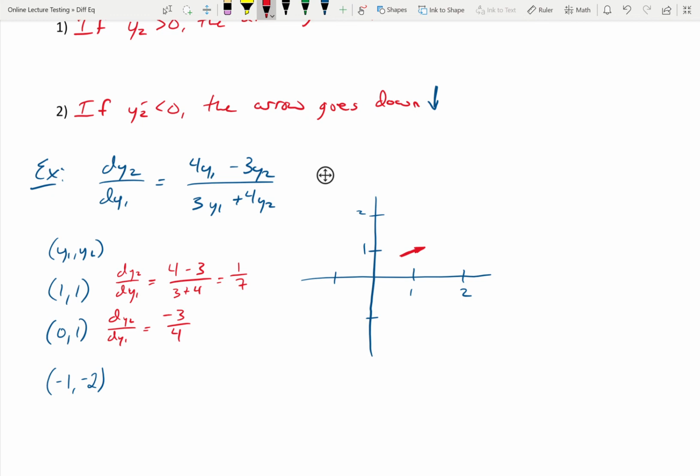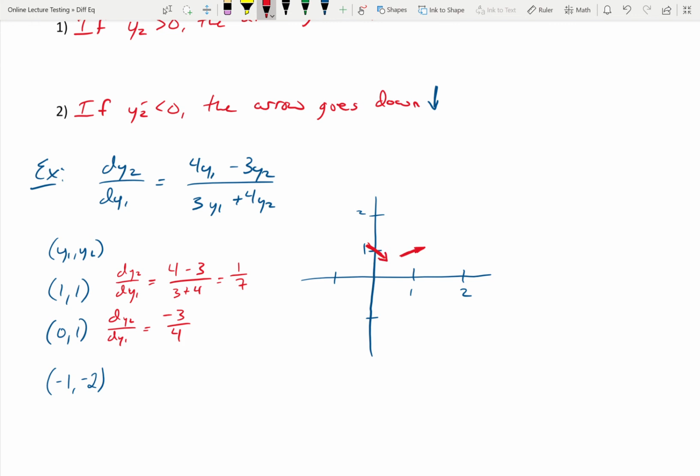So that means it's going to be going down and to the right at 0, 1. So at 0, 1, this is what the line segment looks like.